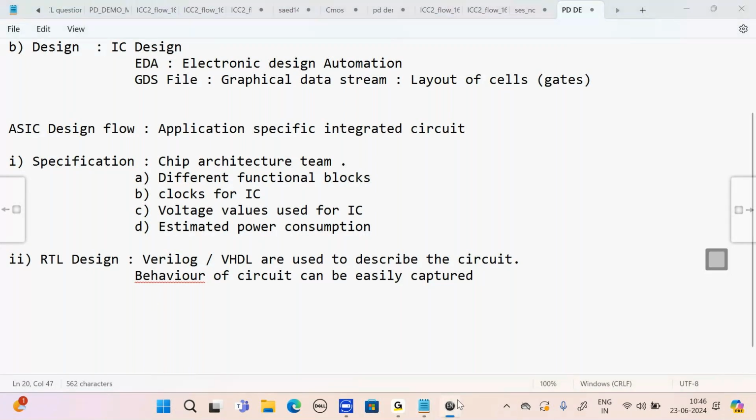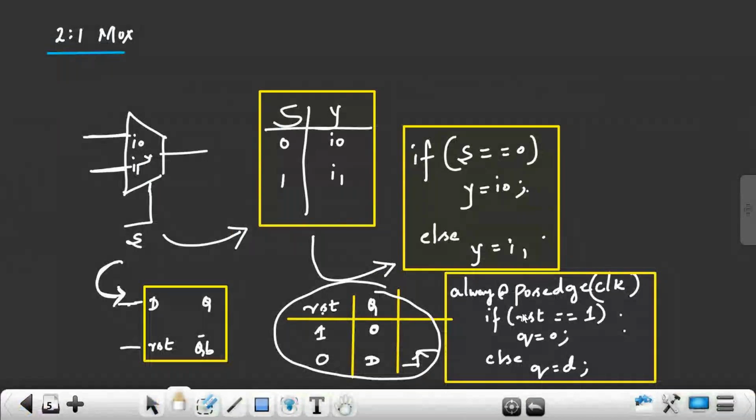Verilog supports if statements, case statements, if else statements. By using these, you can easily capture the behavior of a circuit. So this is a very small circuit.